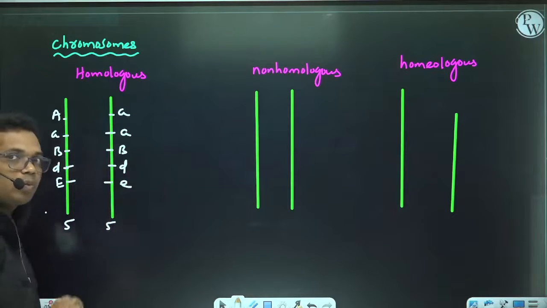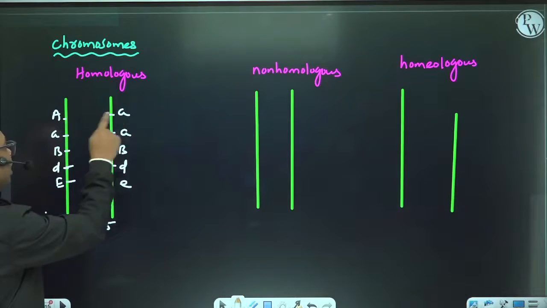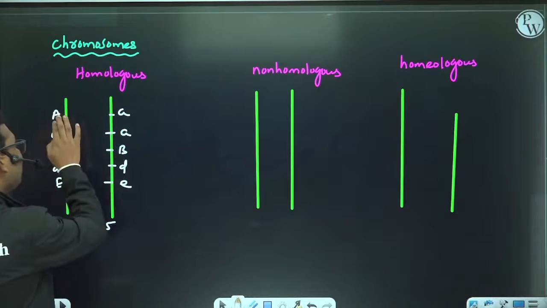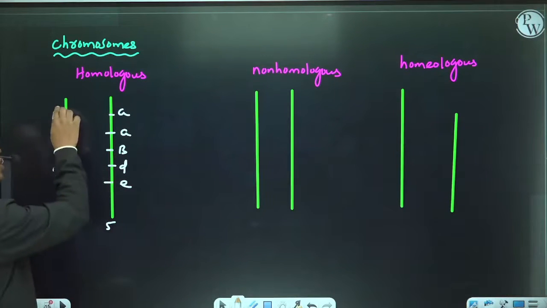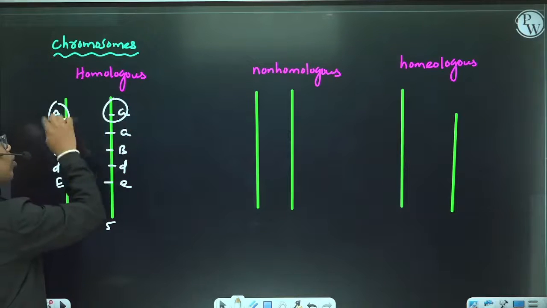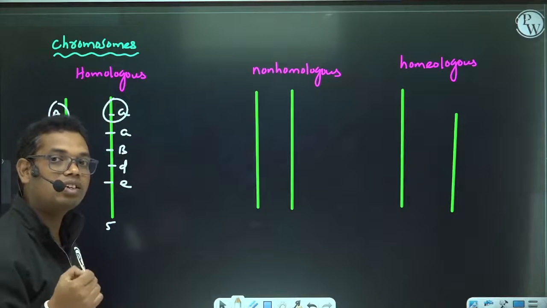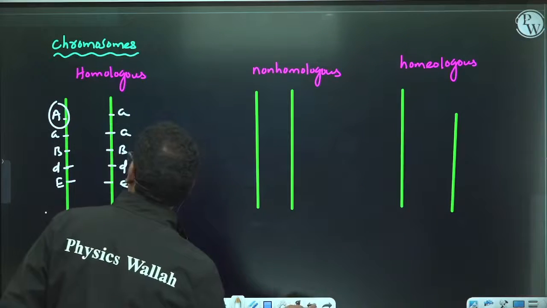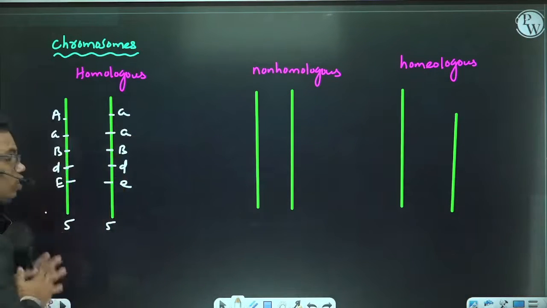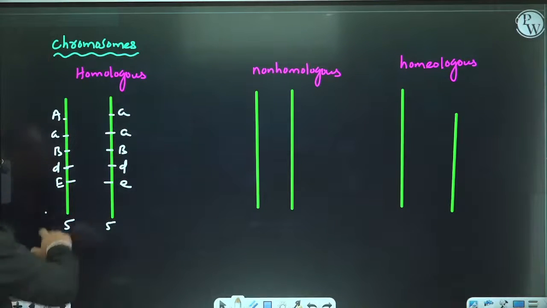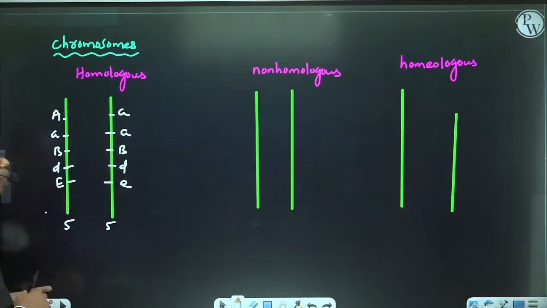You do not have to worry about that, because capital A and small a belong to the same gene. So here the gene is A, and here also the gene is A. Allele is different, but gene is same. So in both cases the sequence, number and types of genes are the same, and such chromosomes are said to be homologous chromosomes.